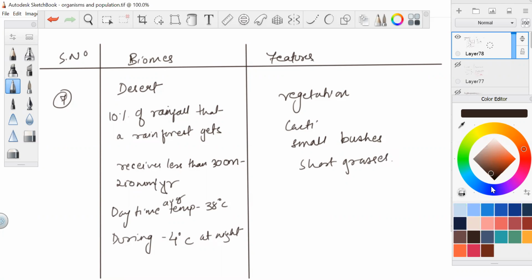Deserts are basically of two types, cold desert and hot desert. Gobi and Leh have cold desert; hot desert, Thar desert, India's largest desert.